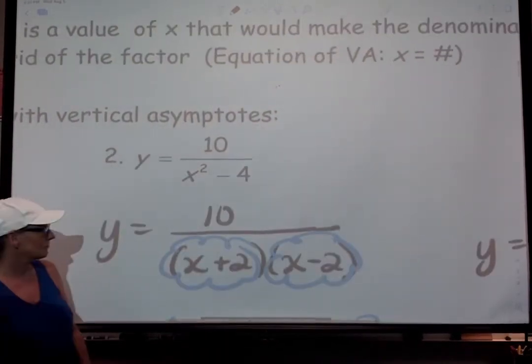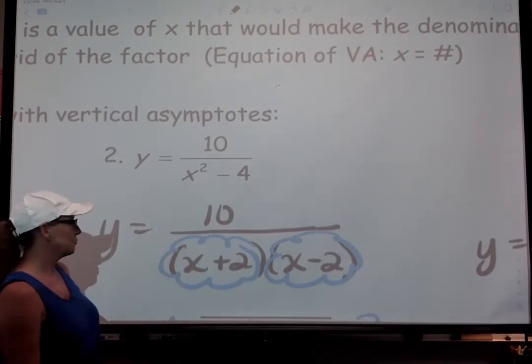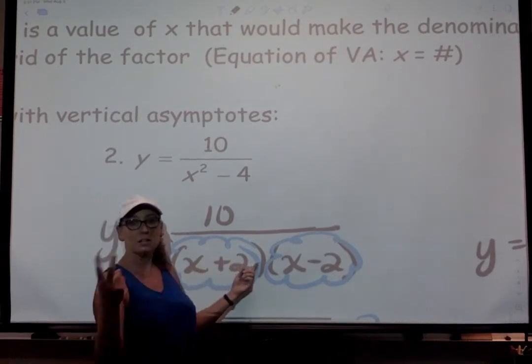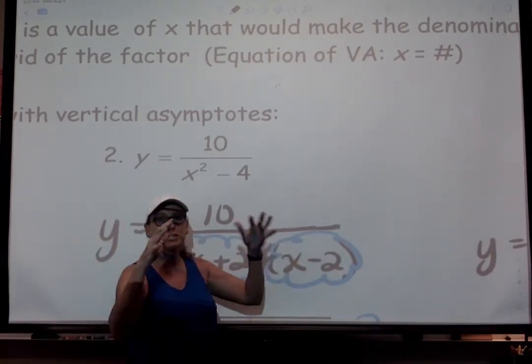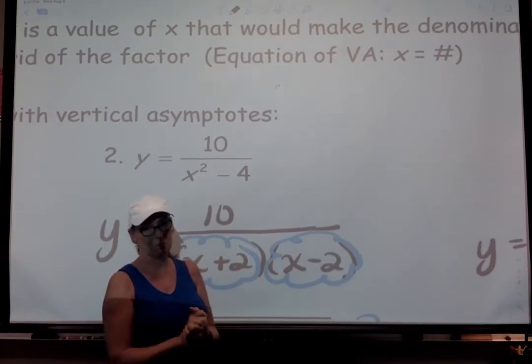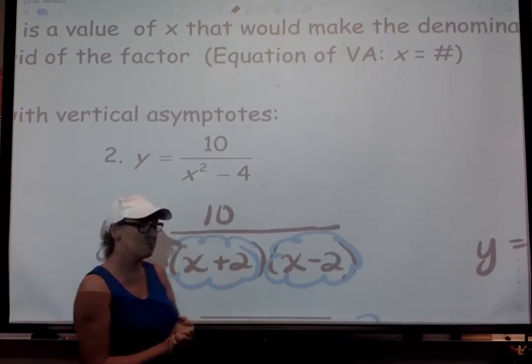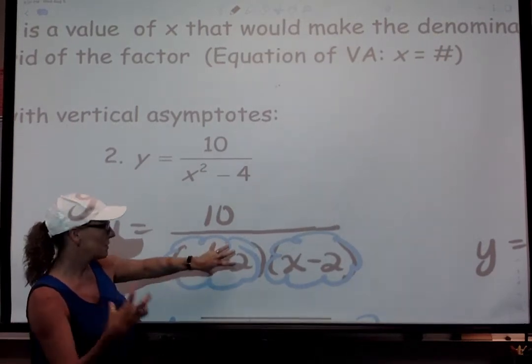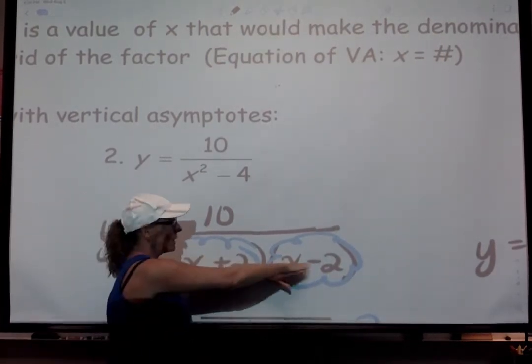Next one. You have to look at it in factored form. So there are two numbers here that cause your function to blow up. There are two numbers that are not in your domain, positive 2 and negative 2. Why not? What happens there? When x is negative 2, this blue cloud is 0. It wipes out my denominator.